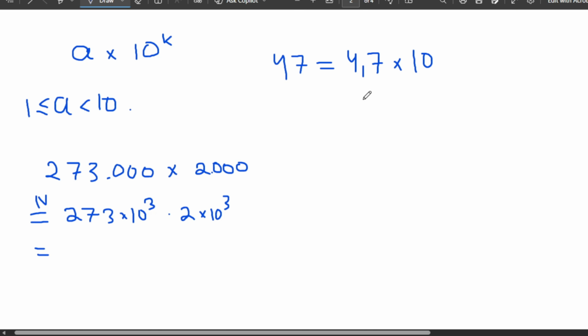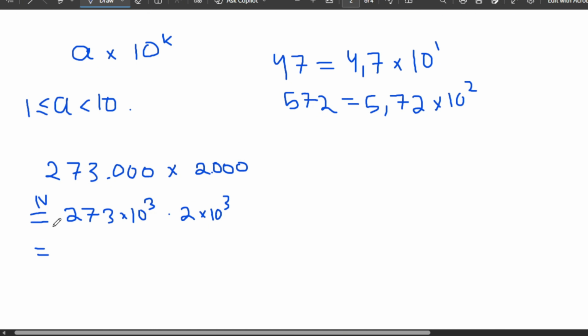So it will be the same as the number on the left. Again, 572. We must make it between 1 and 10. So it's 5.72 times what to make it the same as the left side? 10 to the power of 2. Okay.